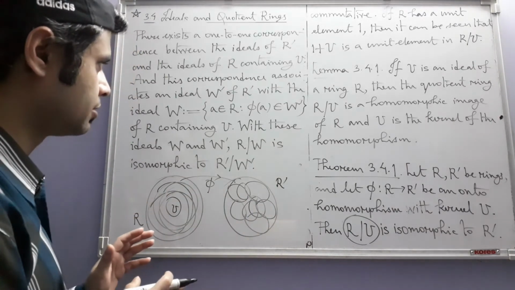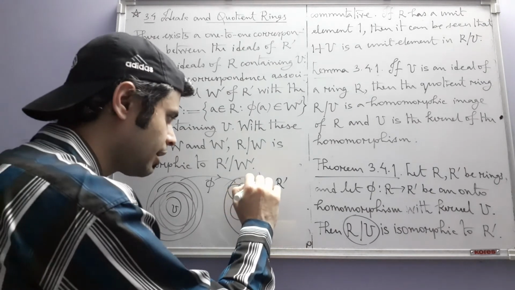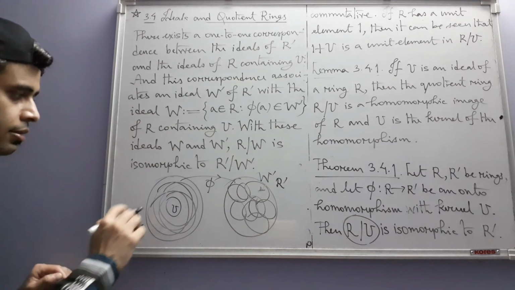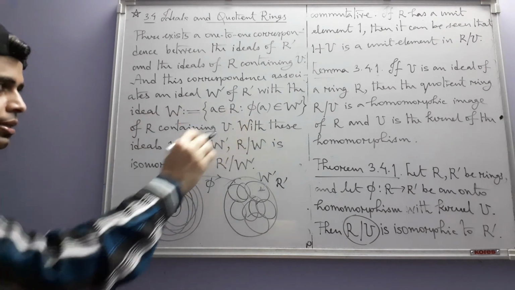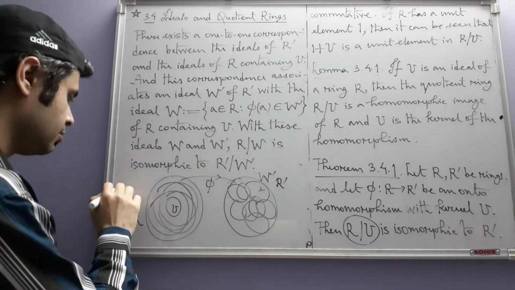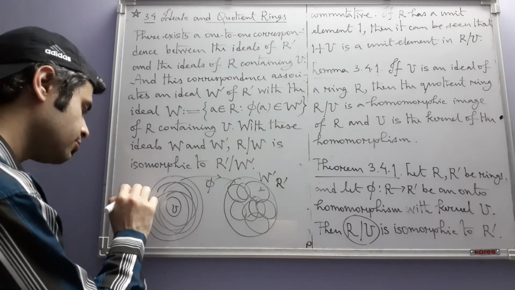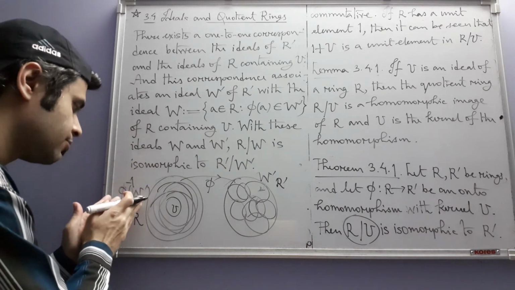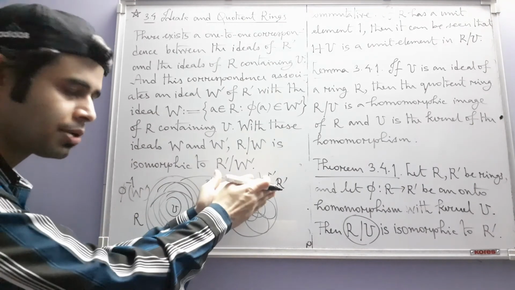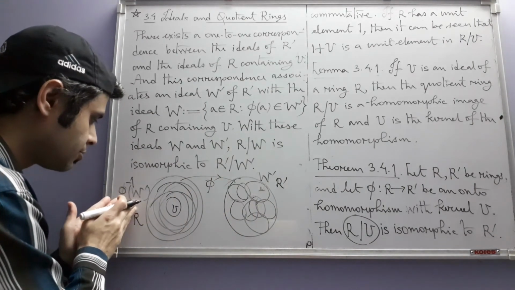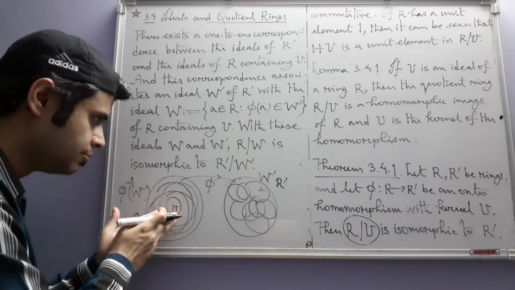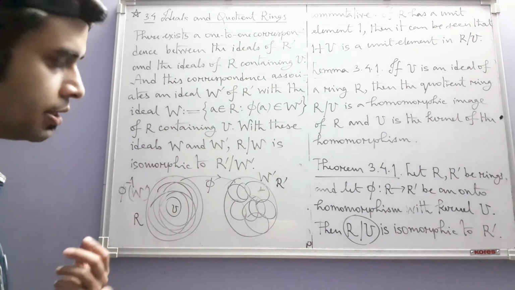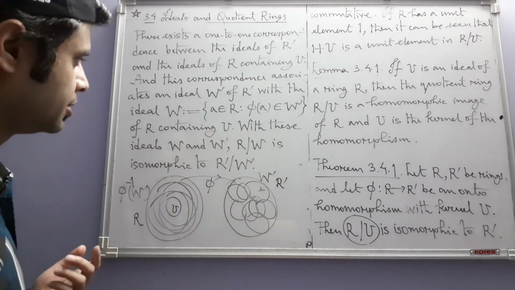There is a one-to-one function, and according to that function, if we have an ideal W prime here, then we can consider this ideal, which is nothing but the inverse image of W prime under the mapping phi. If W prime is an ideal of R prime, this turns out to be an ideal of R that contains U. And this substantiates the one-to-one correspondence. This is a one-to-one mapping.